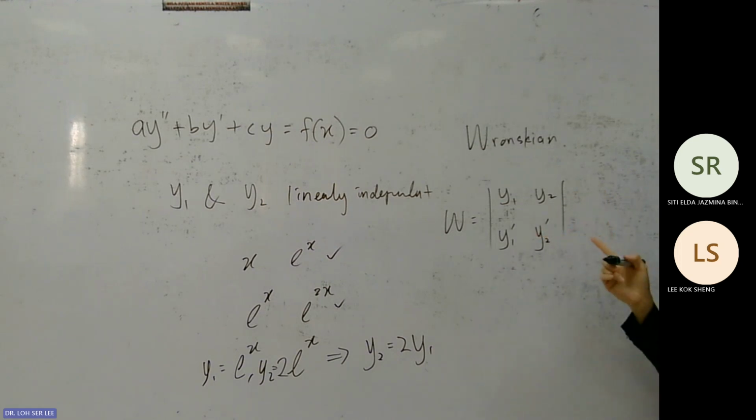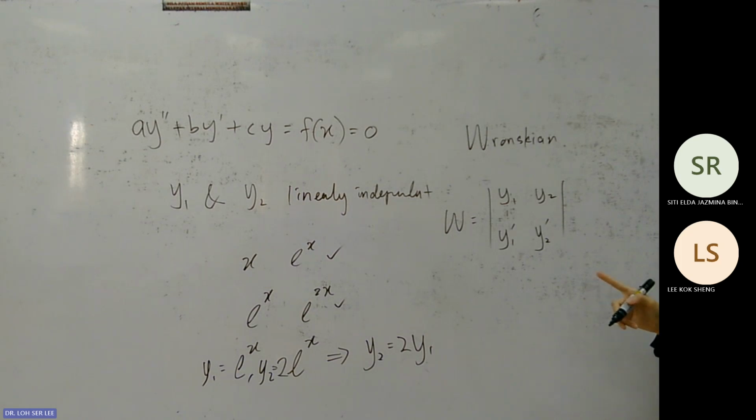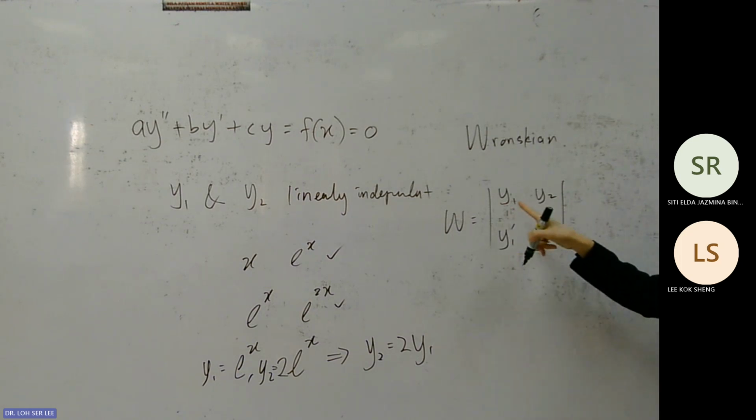So this is a 2 by 2 matrix, and we find its determinant. For the determinant of a 2 by 2 matrix, we use ad minus bc.